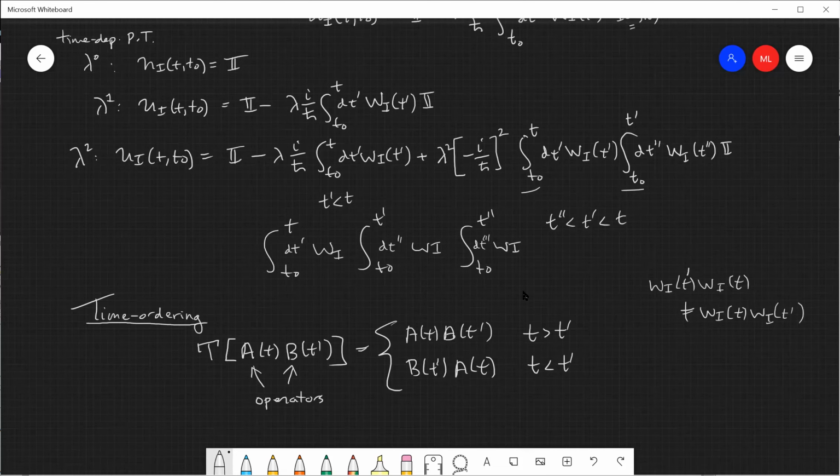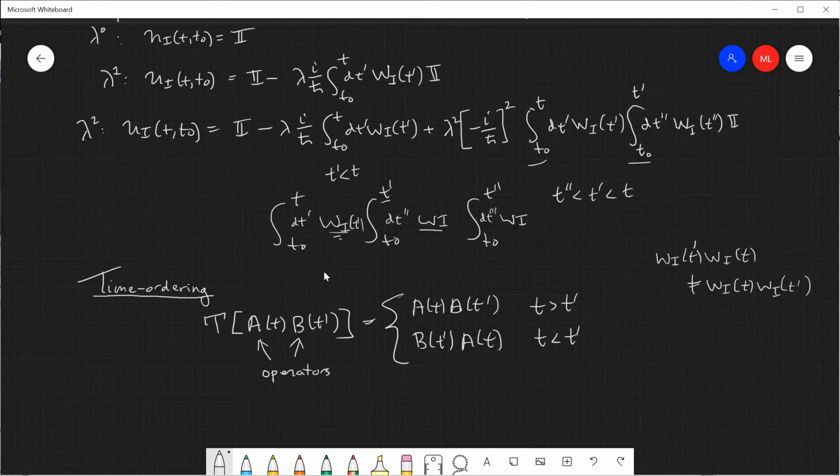See, this t double prime has to be less than this variable of integration here, t prime. This operator is a function of t prime, and this t double prime has to be less than t prime. So it has to be time ordered that way. This operator has to come before this one.